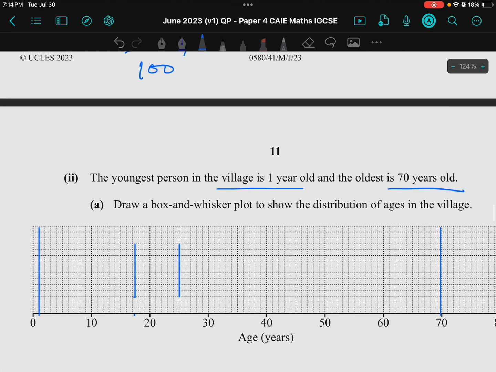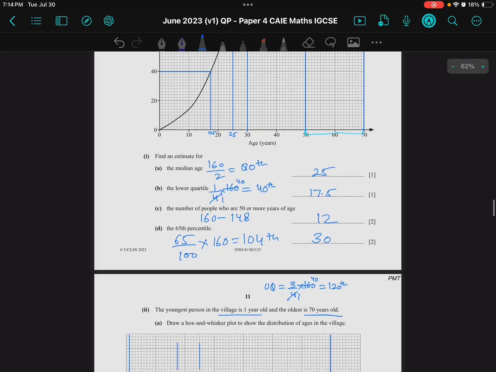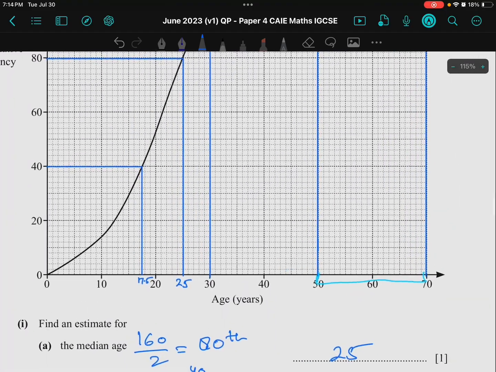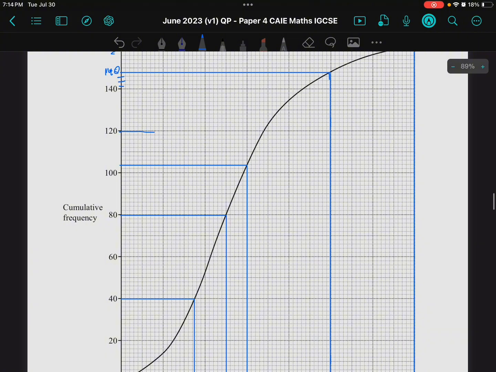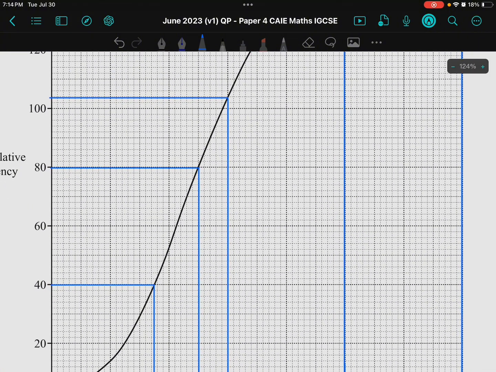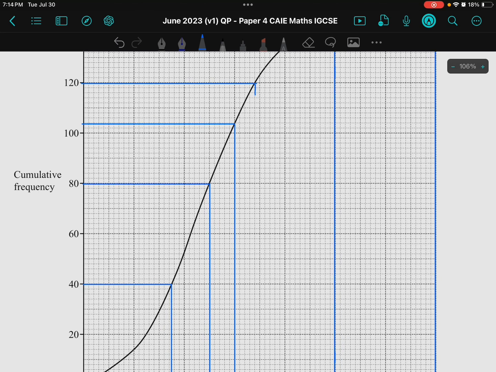Now the upper quartile also we will calculate, which is 3 upon 4 of 160. 4 ones are 4, 4 fours are 16, that means the 128th value. Drop a line on 128 to see what is the value for the upper quartile. This is 120. Drop the line and then drop down the line also.